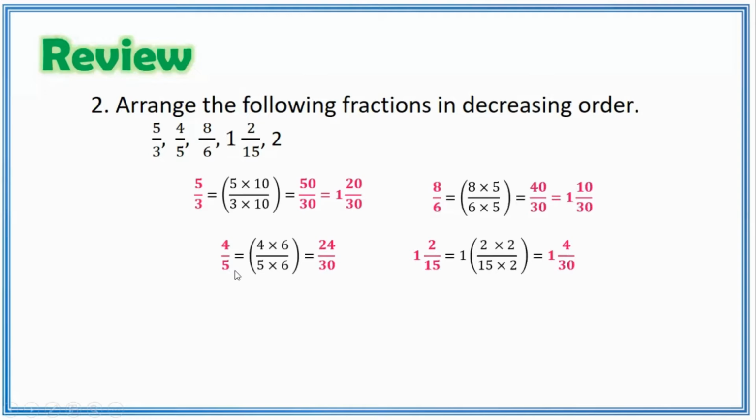So for 4 out of 5, we need to multiply it by 6 out of 6. So 4 times 6 is 24, and 5 times 6 is equal to 30.